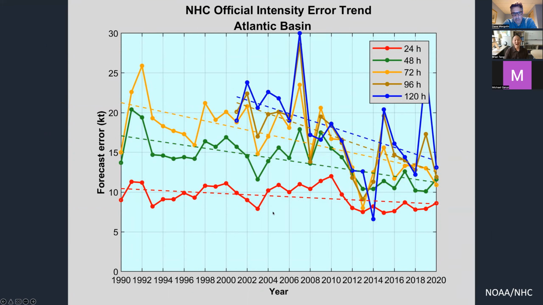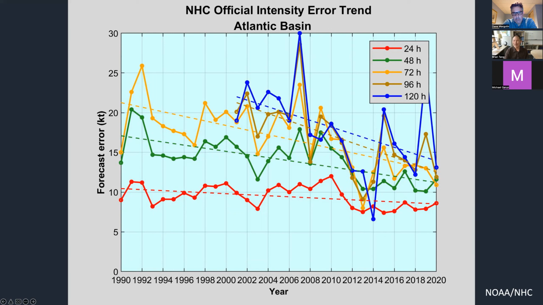So for a long time, there were a lot of discussions like, oh, we're not making any headway on intensity forecast improvements, I should say. But around 2010, these curves started bending downwards, and the long-term trend now shows improvements. But a lot of that improvement is right in this time range right here. So it's almost like a step function, kind of flat here, downwards, and then flat again.